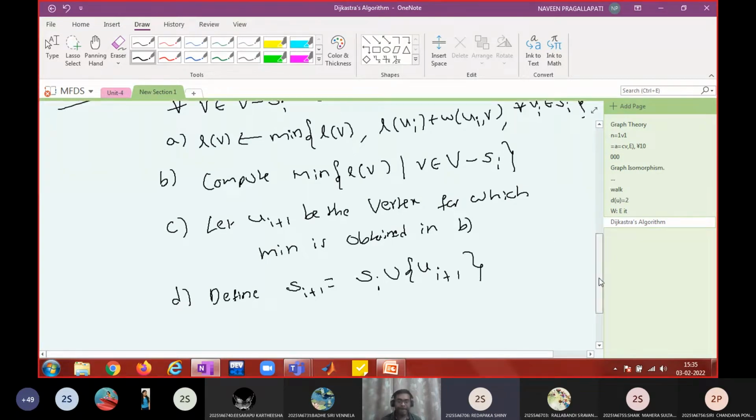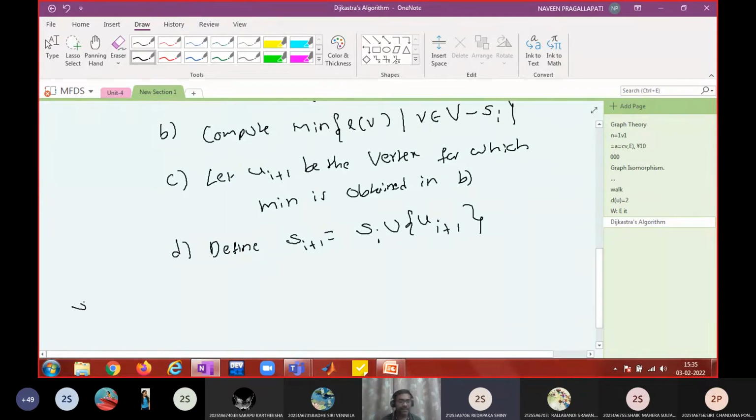And what is step 3? Step 3: if i equals nu minus 1, where nu is the number of vertices, the order of V, then stop.